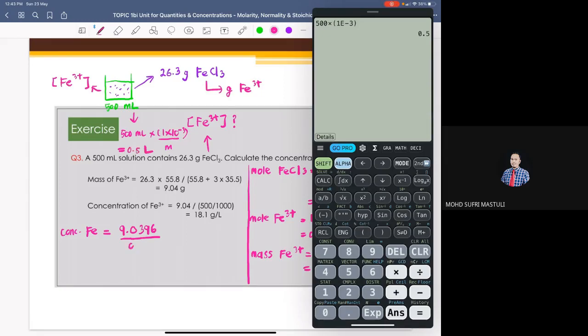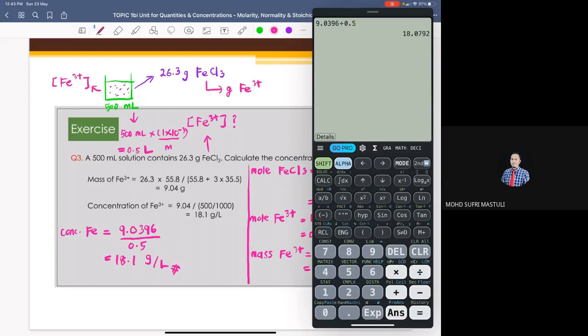So 9.0396 divided by 0.5 is equivalent to 18.1, mass in gram per unit of volume in liter.